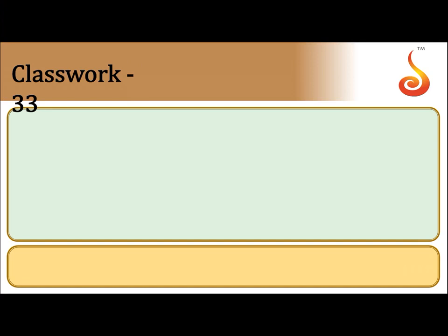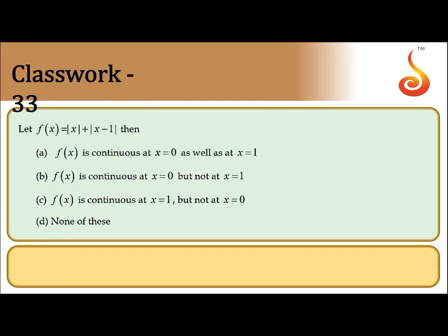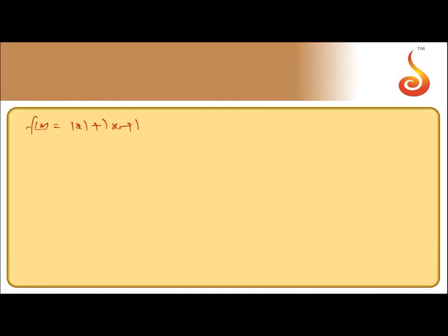Coming to 33. Modulus x plus modulus of x minus 1. If I consider f of x equal to modulus x plus modulus of x minus 1, of course we need to check the continuity of the function at the points 0 and 1.